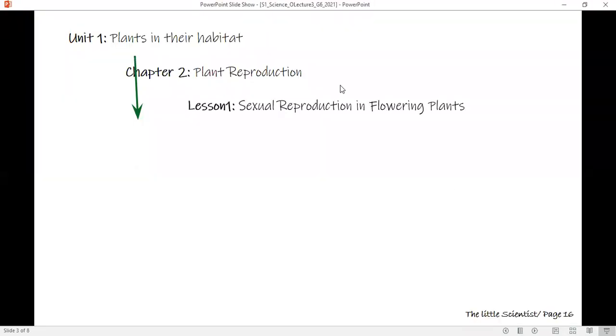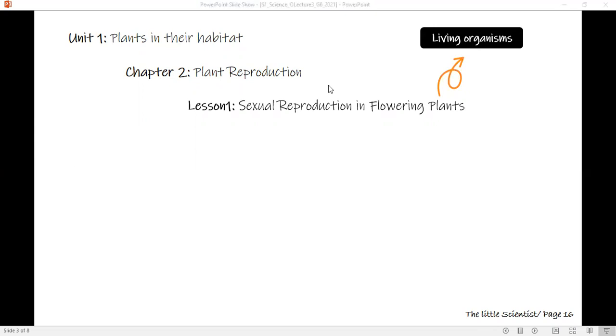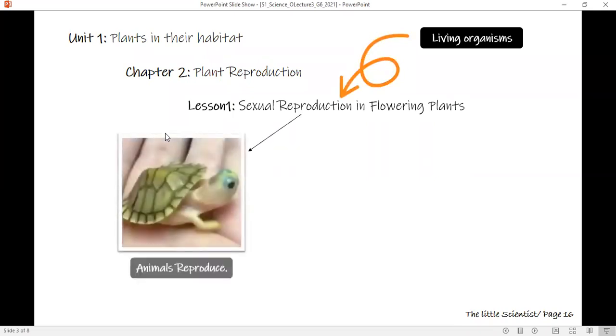When we say living things, we mean people, animals, and plants. Flowering plants, for example, are made out of plant cells, right? And plants are living things, as I just mentioned. Living things reproduce. What do we mean by reproduction or reproduce? Reproduction is making babies. Animals reproduce.